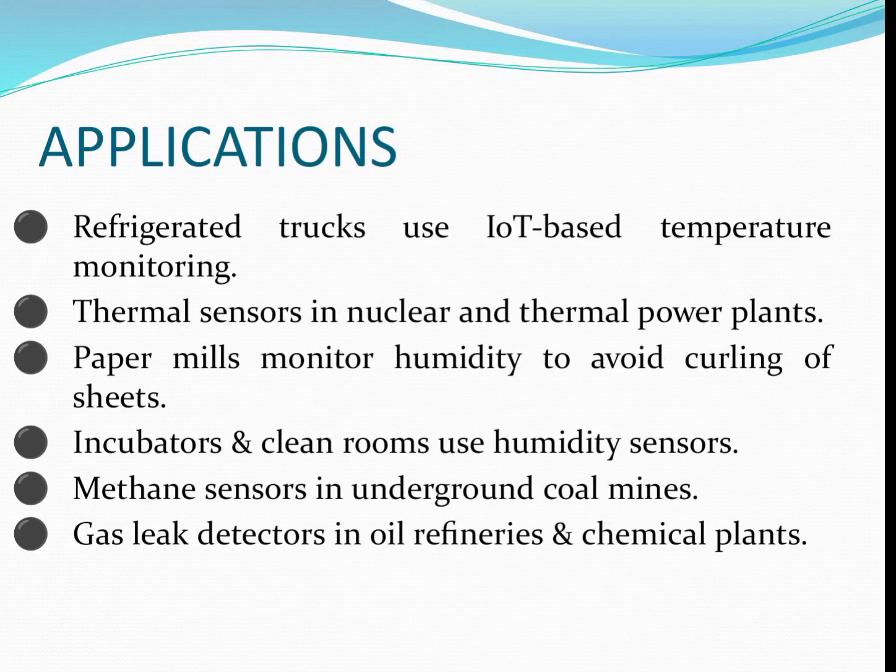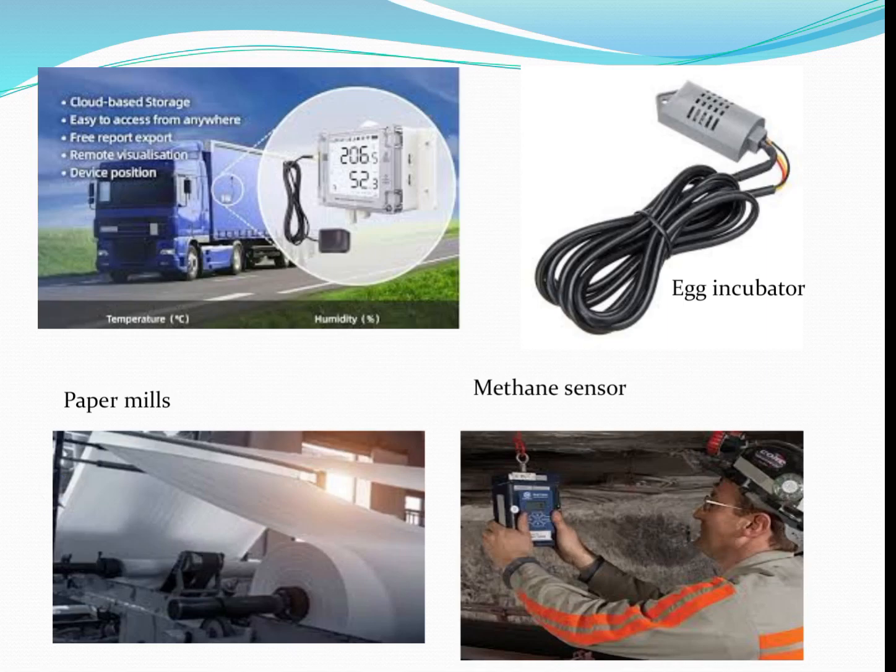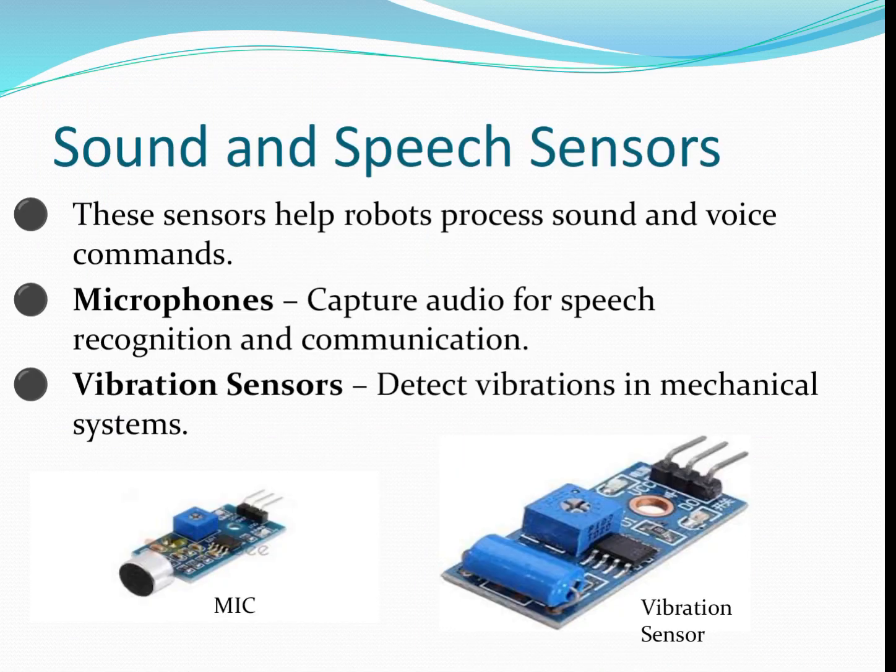Incubators and clean rooms use humidity sensors for measuring the humidity level. Methane sensors are used in underground coal mines. Gas leakage detectors are used in oil refineries and chemical plants. These are the real-time applications where this type of sensor is used.